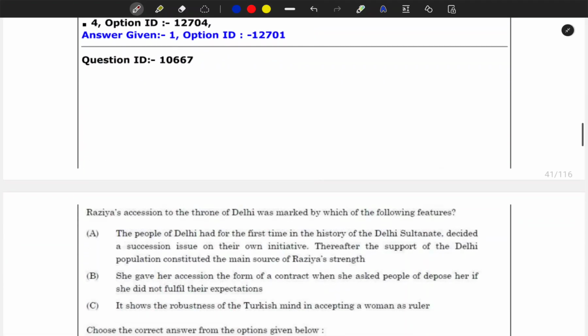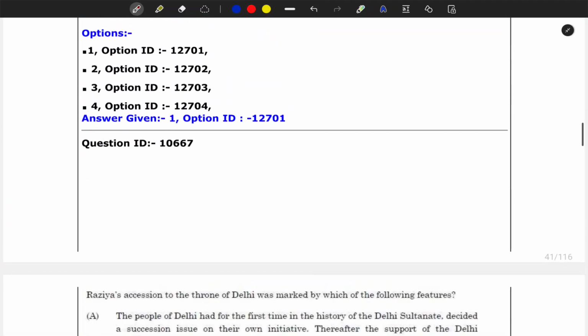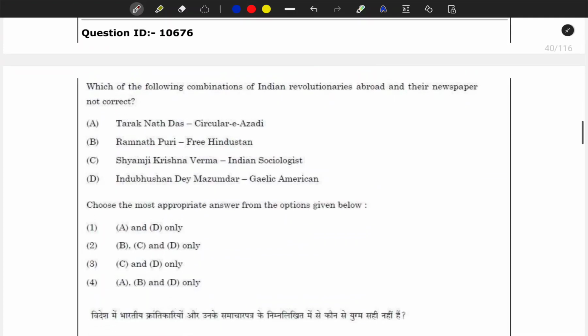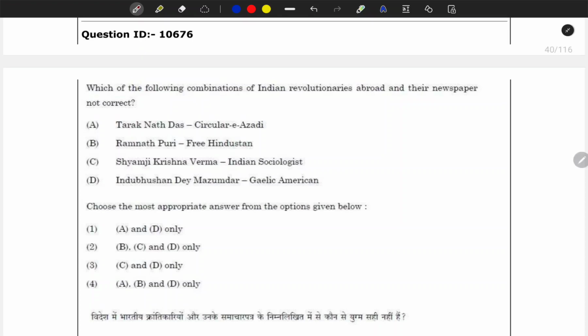Next question is this one. This question is of very easy nature.